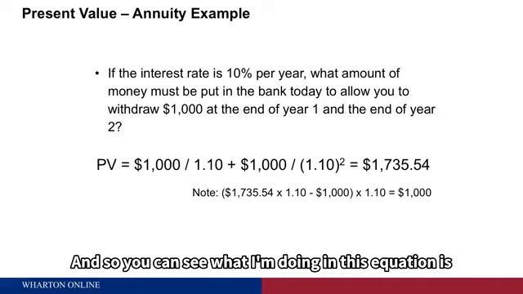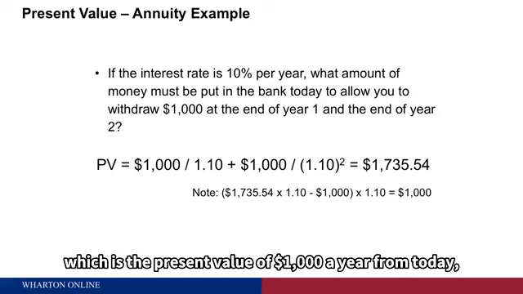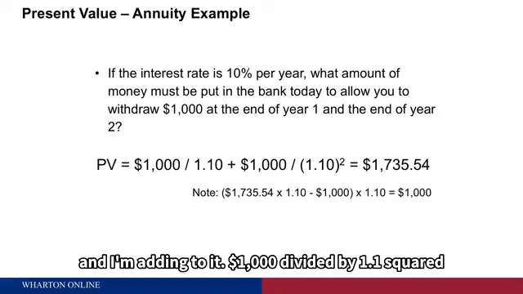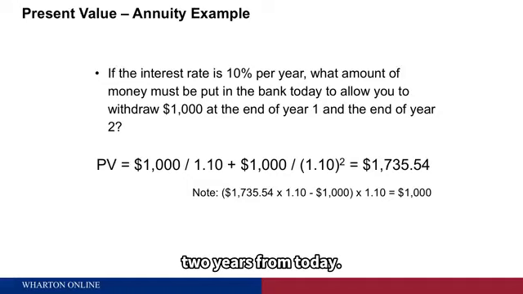And so you can see what I'm doing in this equation is I'm taking 1,000 and dividing it by 1.1, which is the present value of $1,000 a year from today. And I'm adding to it $1,000 divided by 1.1 squared, which is the present value of $1,000 2 years from today.